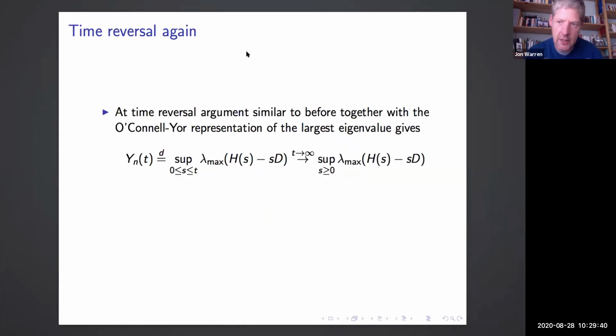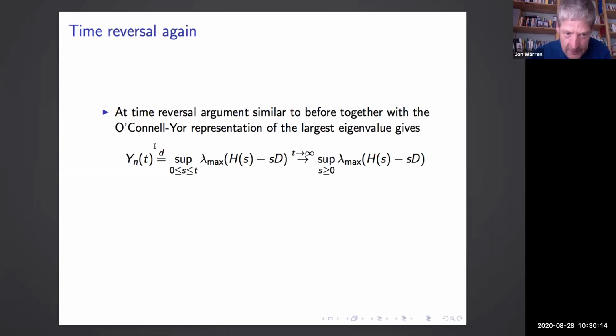I'm not going to go through the time reversal argument in detail, but basically the calculation we did with y1 that showed that it had an exponential invariant measure can be generalized. You take your formulas for yn and you do the same sort of time reversal of all the Brownian motions that appear in them, and you get exactly the O'Connell-Yor representation for the maximum eigenvalue of the Hermitian Brownian motion, only with the extra supremum that you wanted.